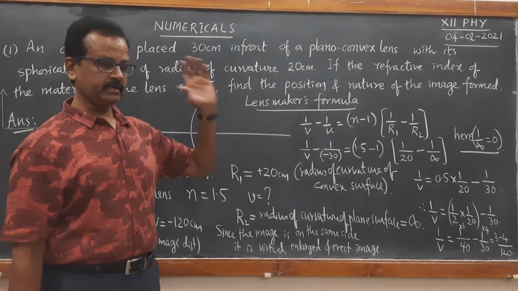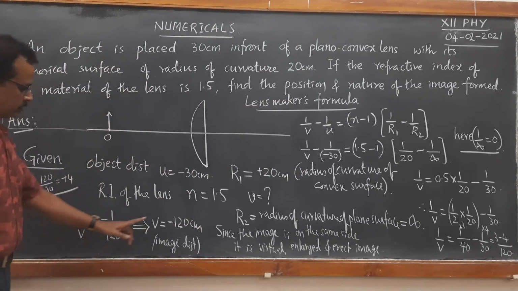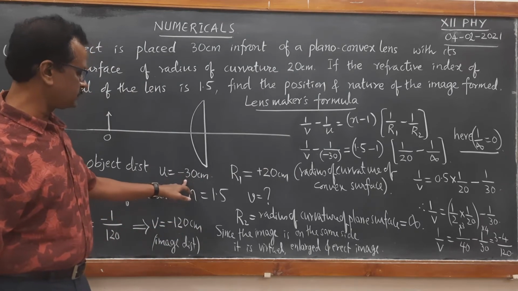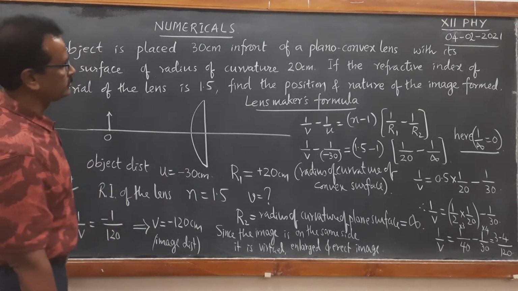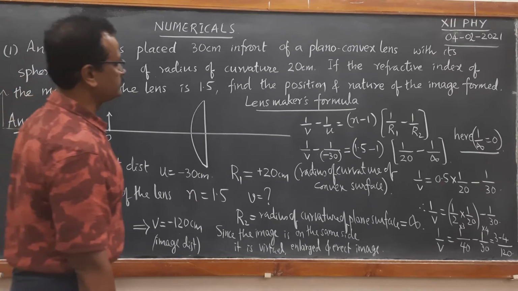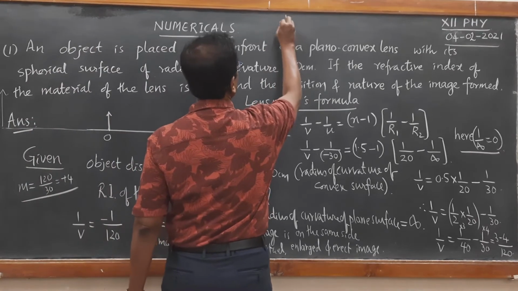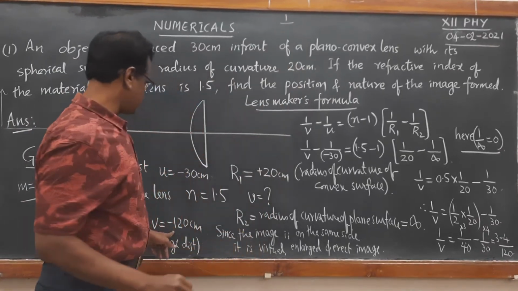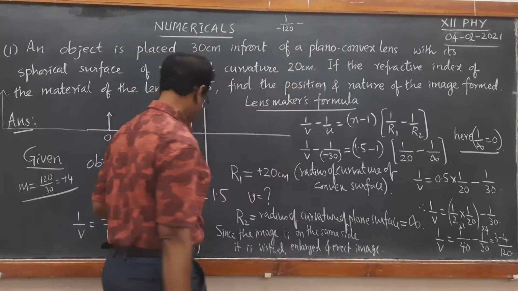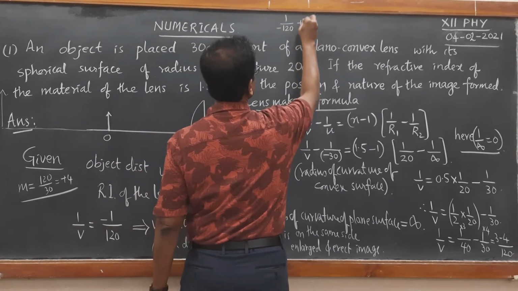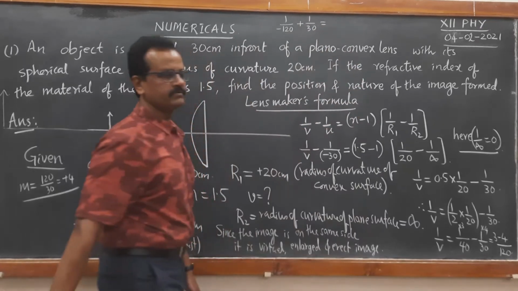If you are asked to calculate focal length, it's very easy now. You got image distance, you got object distance. 1/f = 1/v − 1/u. 1/v is −1/120, minus 1/u, minus of minus gives 1/30.